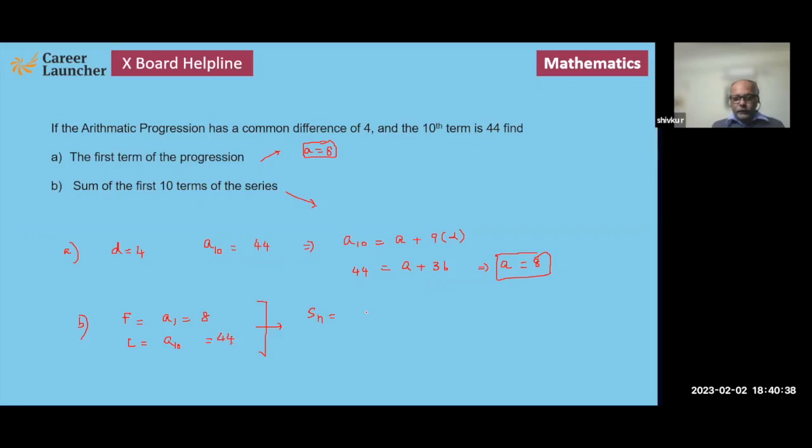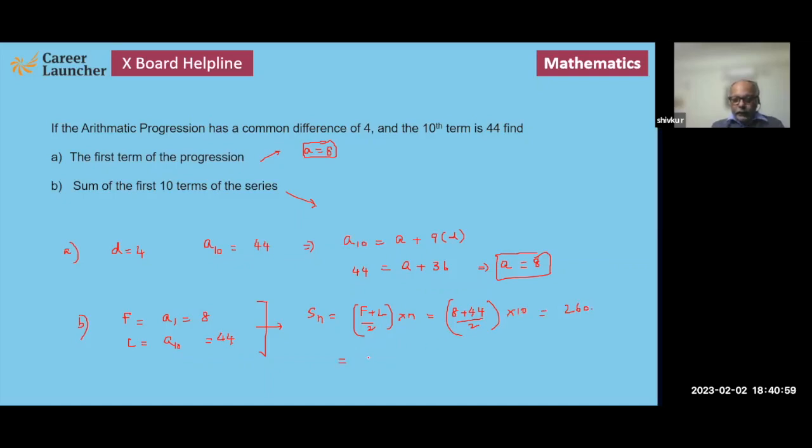The first method is I can write it as first term plus last term by 2 into the total number of terms. That is 8 plus 44 by 2 into 10. So that is 52 by 2, that is 26 into 10, that is equal to 260.